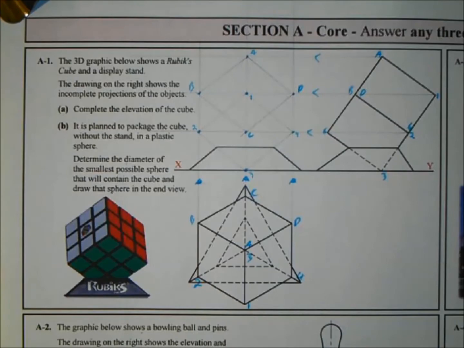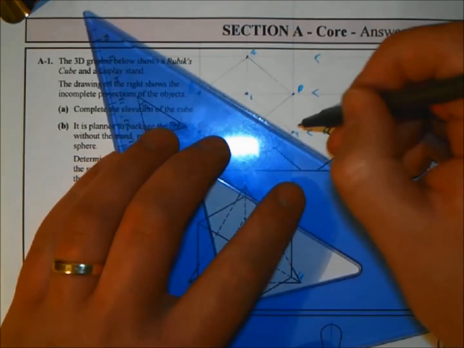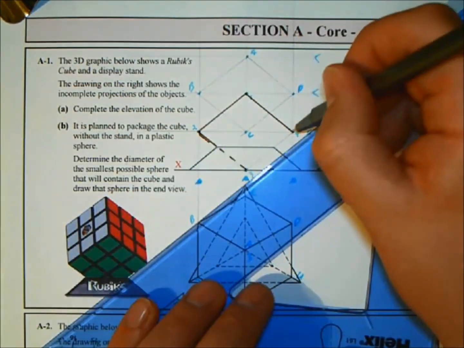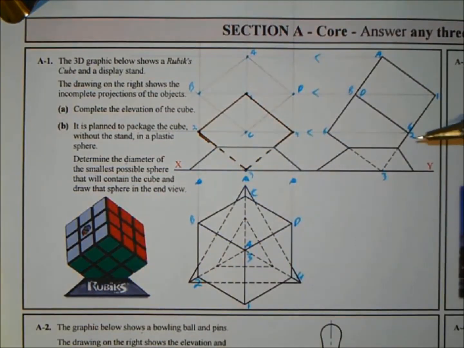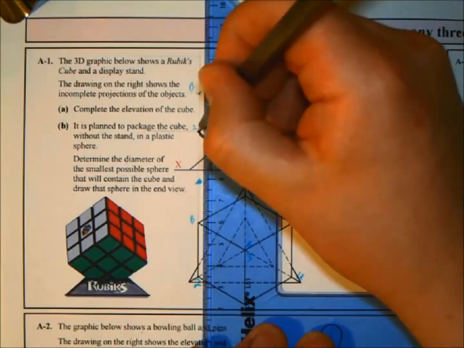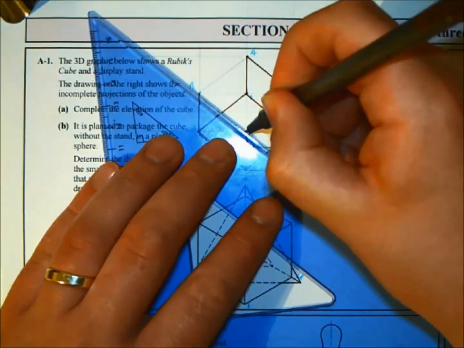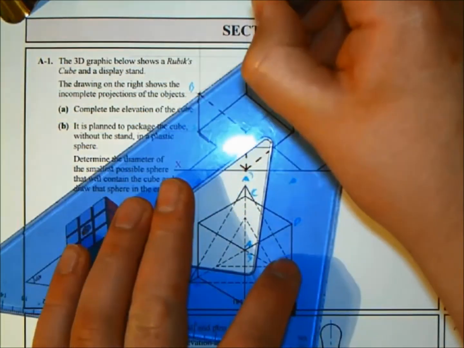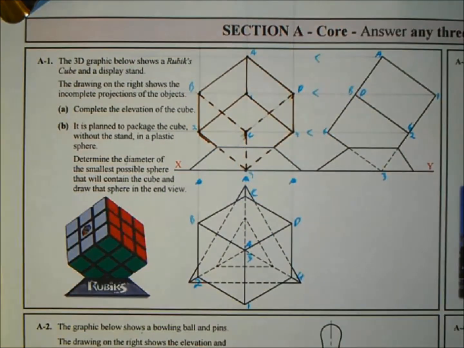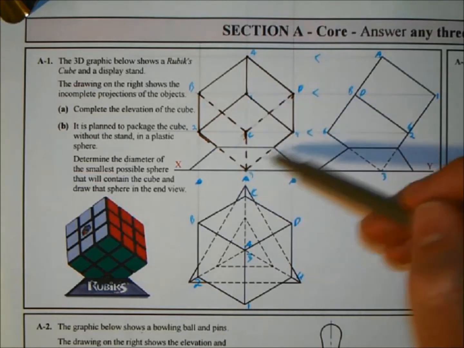And remember, 3 is hidden detail actually in the stand, so when you get that far, it's going to be hidden detail. Okay, and that's the elevation done. So 1, 2, 3, 4, that's the strong square in front, and then the other square is at the back.